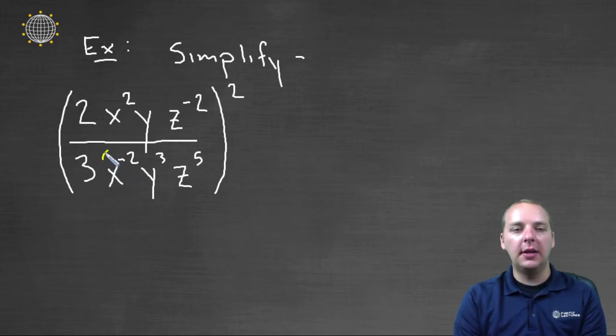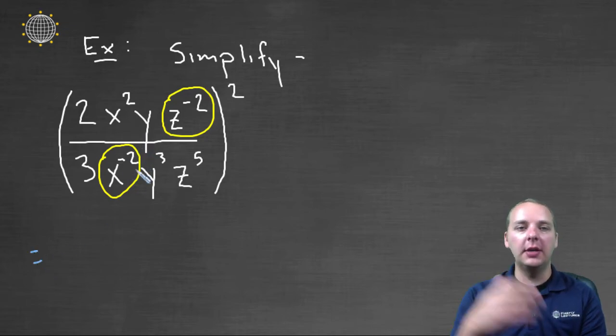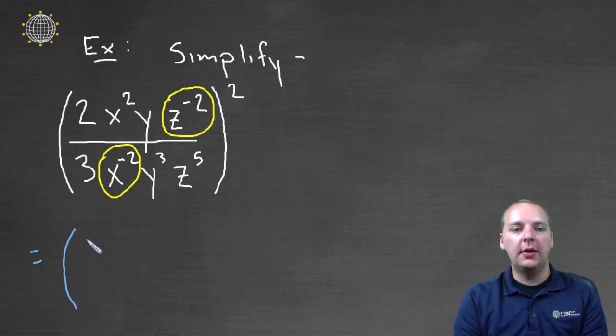So I'm going to take care of this x to the negative 2 and the z to the negative 2 first. We'll take both of those and move their locations. And so we'll have 2x to the second, and then this x to the negative 2 is going to come up to the numerator and become x to the positive 2. And then we still have a y.